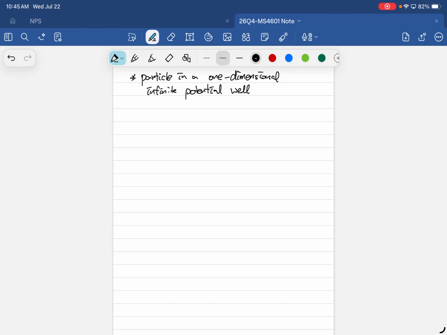This is the x domain, and we are putting a wall at x equals 0, and another wall at x equals d.